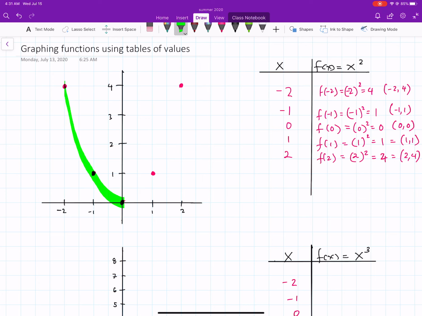I don't know if that's a good color. Let me change that to that. Let's see. I think that's much better. And then it passes through there. And it goes there. That's f of x is equal to x squared.